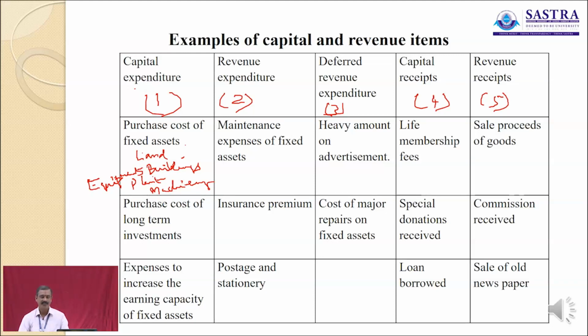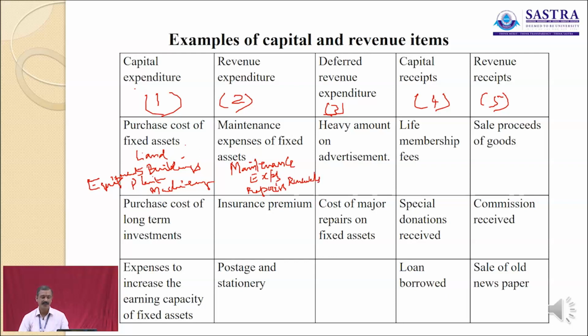Revenue expenditure: the maintenance expenses of fixed assets. That means maintenance charges or maintenance expense, repairs and renewals, etc.